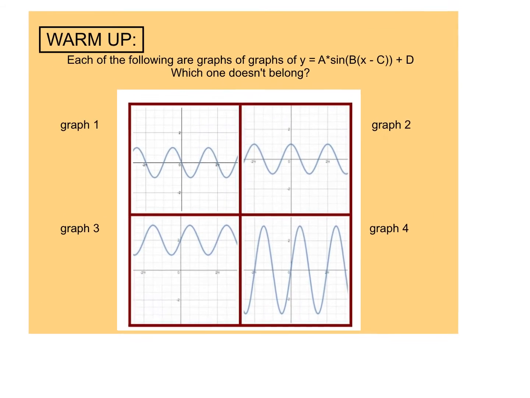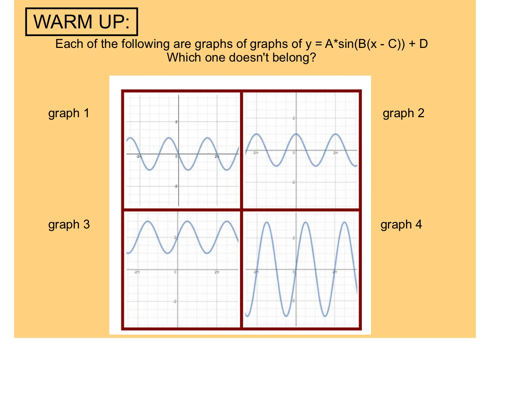All right. Let's do our warm-up question. Each of the following are graphs of sine. Which one doesn't belong? As in, they all are different, but is there one that just doesn't fit?